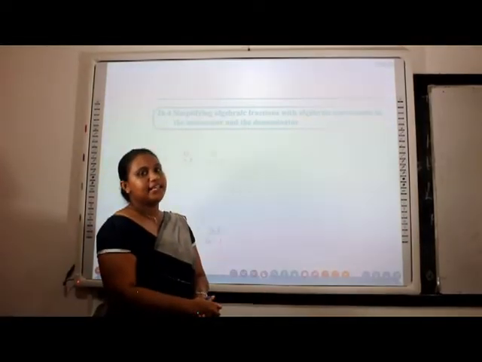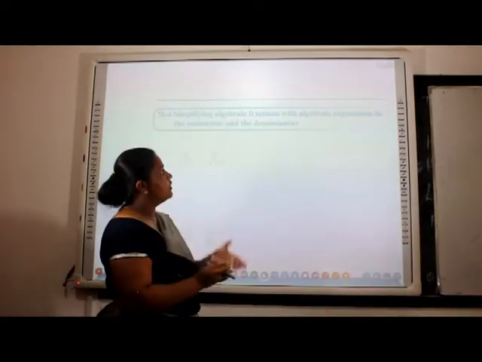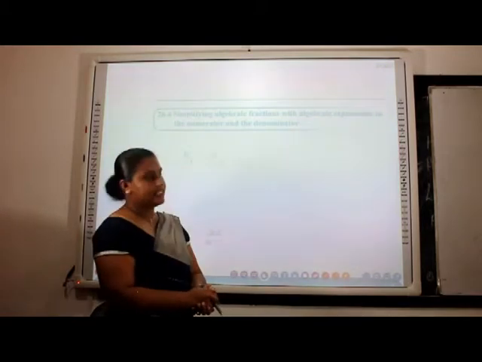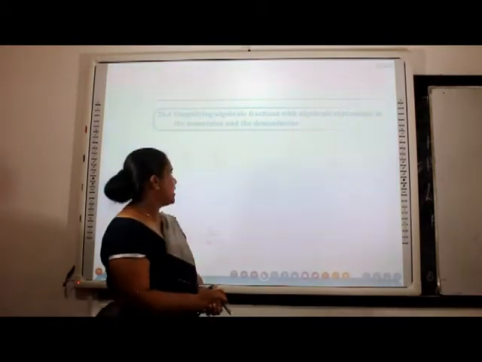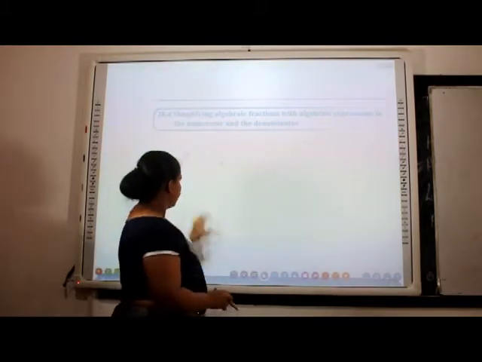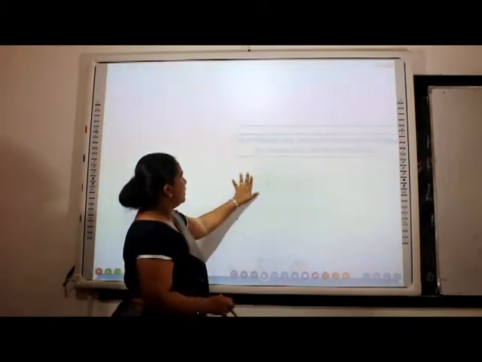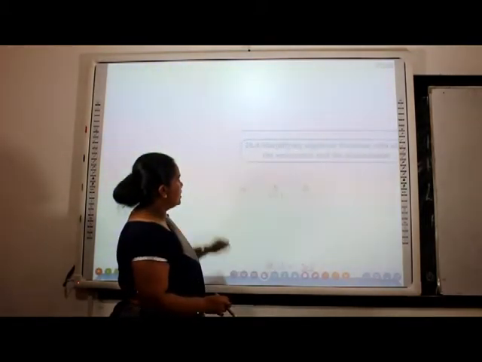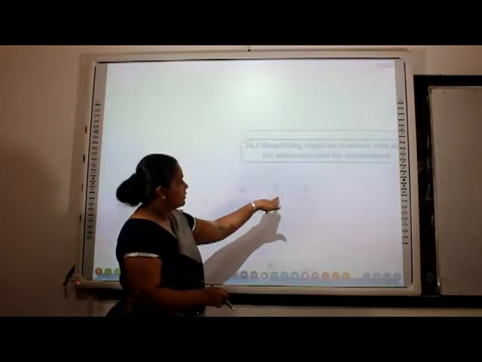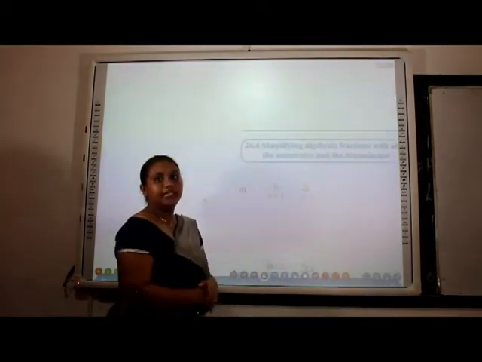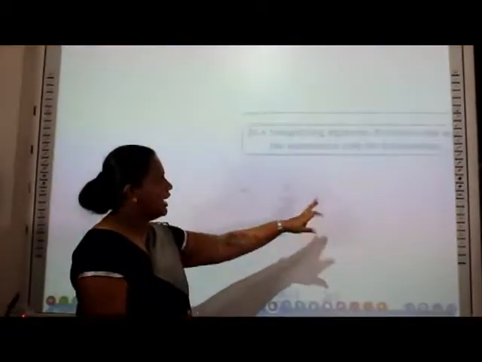Now let's see how to simplify algebraic fractions with algebraic expressions in the numerator and the denominator. Here, in the first question, you can see the denominators are equal.